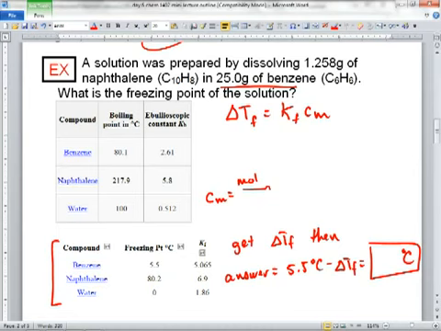I wouldn't write naphthalene either. I'd write C10H8 because it'll make a lot more sense. Moles of C10H8 all over kilograms of solvent, but instead of writing solvent, Crystal, let's write C6H6. It'll look so much better.